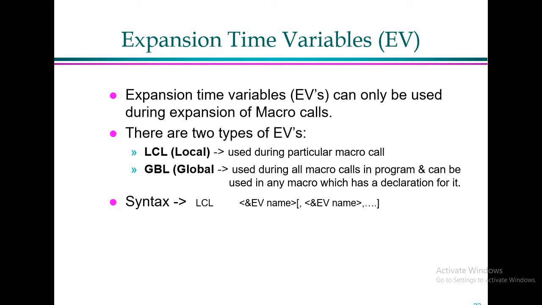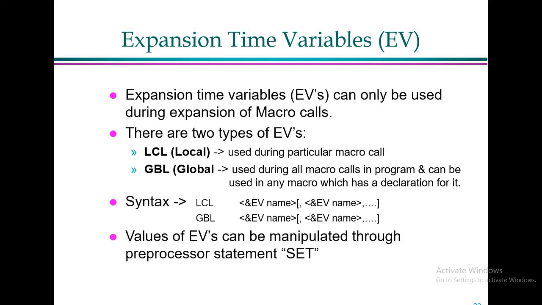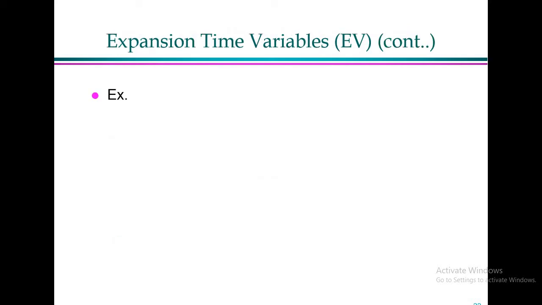Syntax is what? LCL, which denotes the local variable, and GBL, which denotes the global variable. Now if you want to change the value of the variable, in that case you can use the statement SET, we can say SET is a keyword for changing a macro variable value. Now see one example.